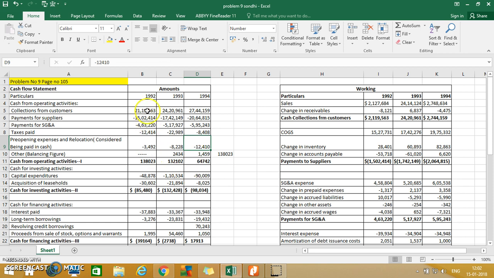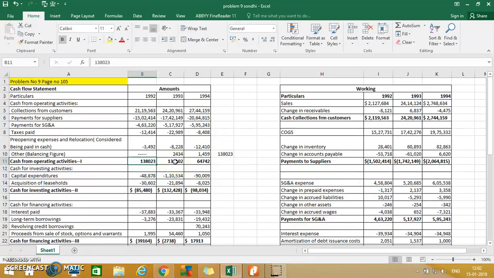So I find that in the case of 1992, after making the adjustment for the interest which has been transferred into the financing activity, my cash from operating activity gets adjusted. It's the same thing that I have already calculated. So it is 1,38,000 million dollars, or otherwise 138 billion dollars.